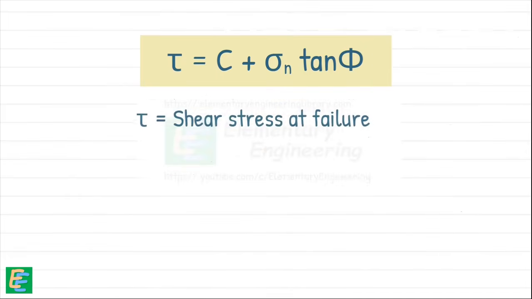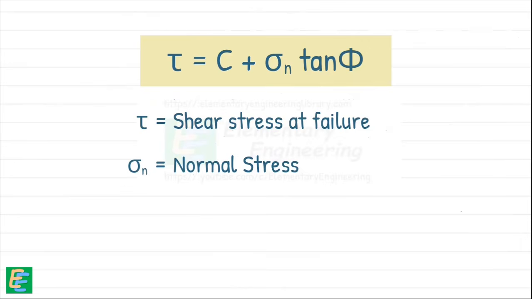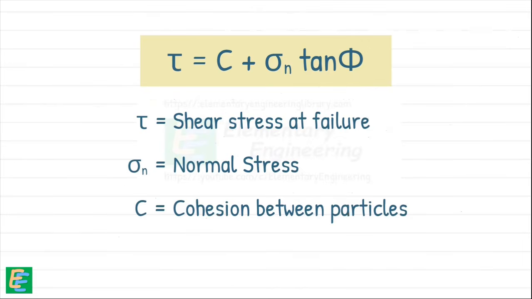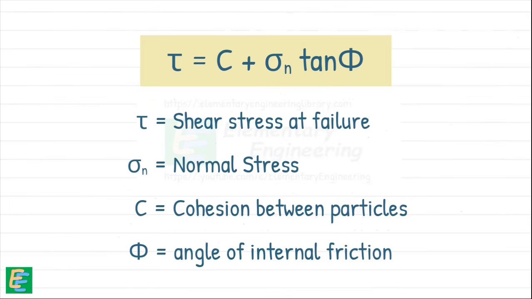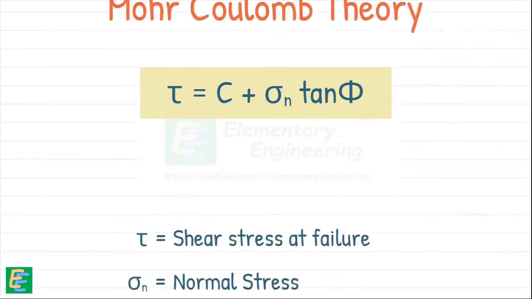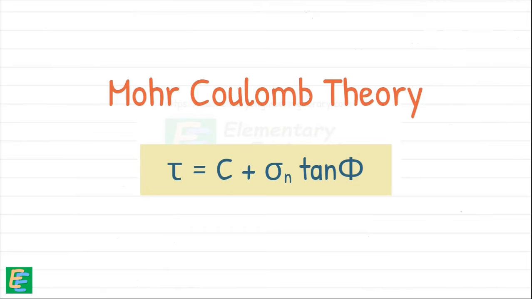Here, tau is the shear stress at failure, sigma is the normal stress, c is the cohesion between the particles, and phi is the angle of internal friction, which represents the frictional resistance between soil particles. Mohr-Coulomb's theory accounts for both cohesive strength and frictional strength of the soil.